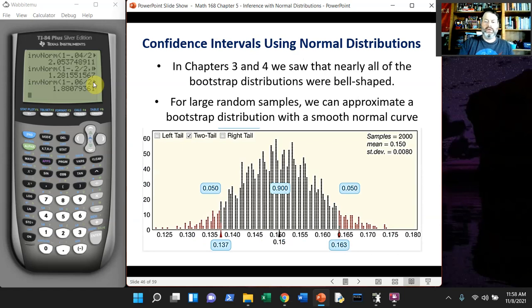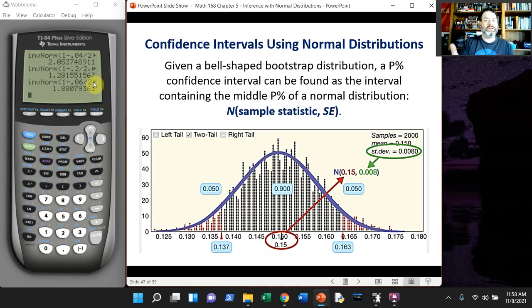So the only question then might be, how exactly do we get to this critical value? Like, why is this needed? Well, remember that we can overlay this distribution with a smooth normal distribution.